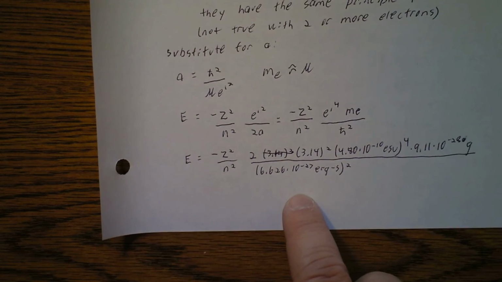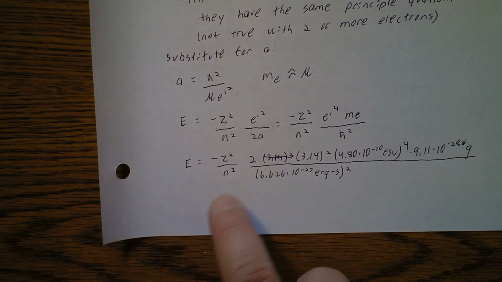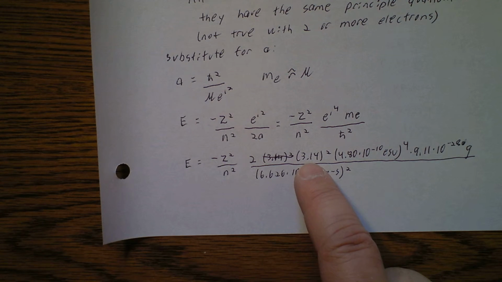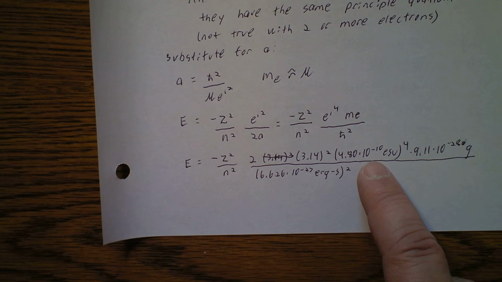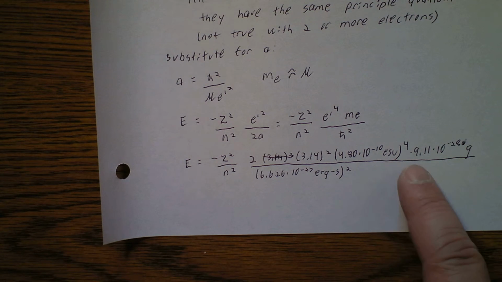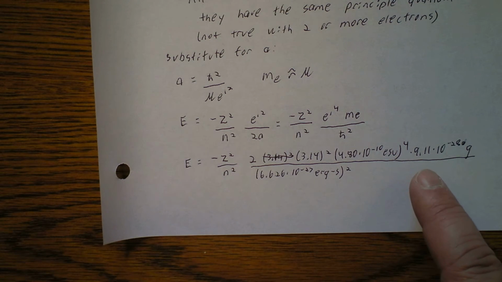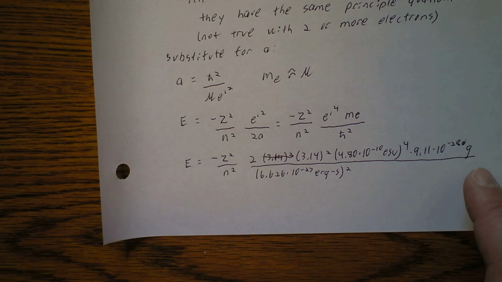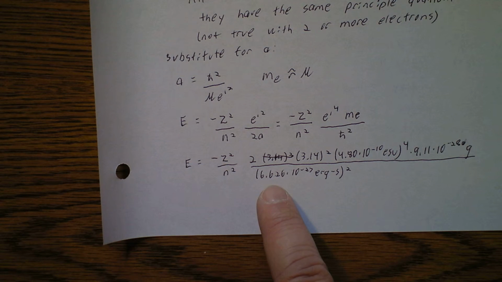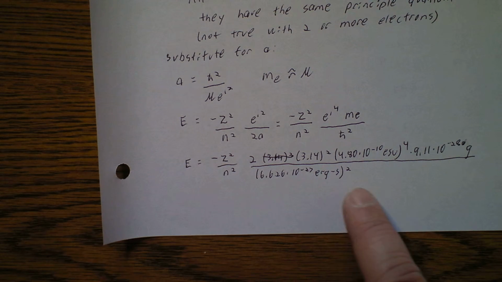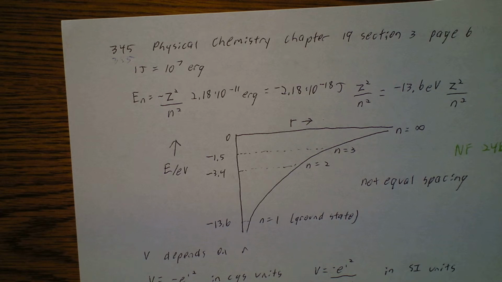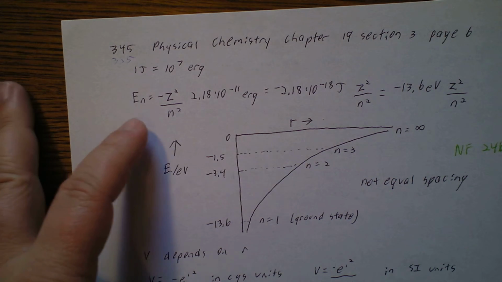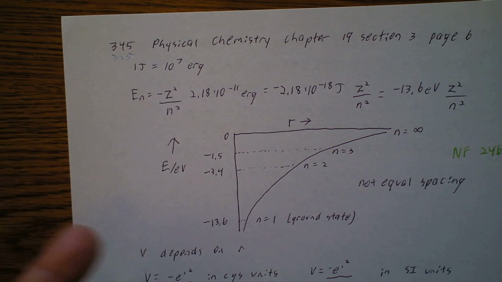So putting in the numbers here, we get energy is equal to minus Z squared over n squared times 2 times 3.14 squared times 4.80 times 10 to the negative 10 electrostatic units to the 4th power times 9.11 times 10 to the negative 28 grams divided by 6.626 times 10 to the negative 27 erg seconds squared. Now remember the conversion factor, 1 joule is equal to 10 to the 7 ergs. That's another unit of energy.